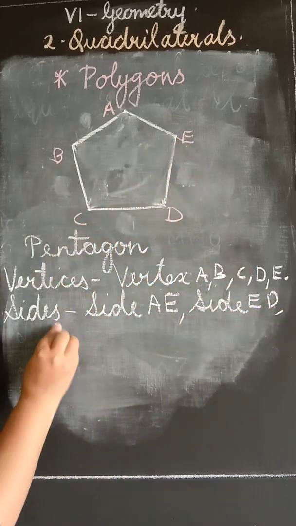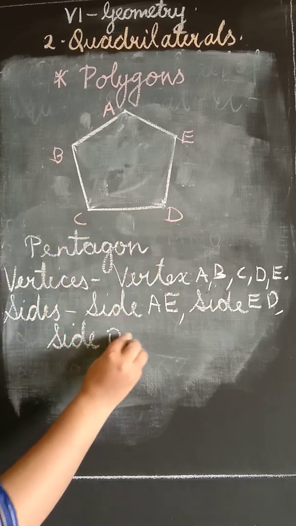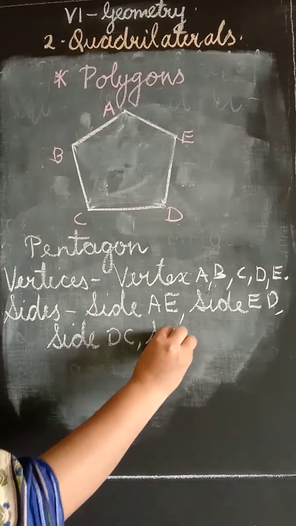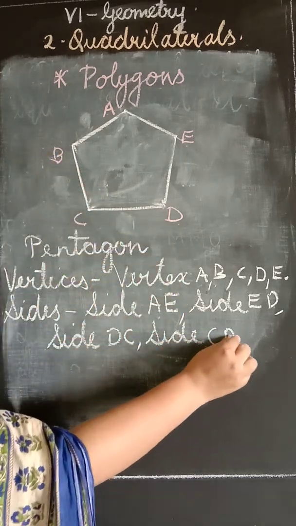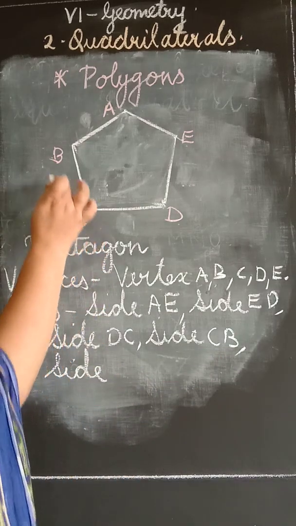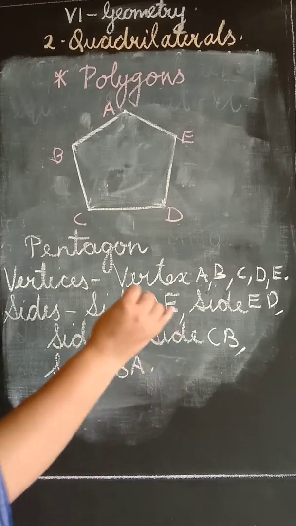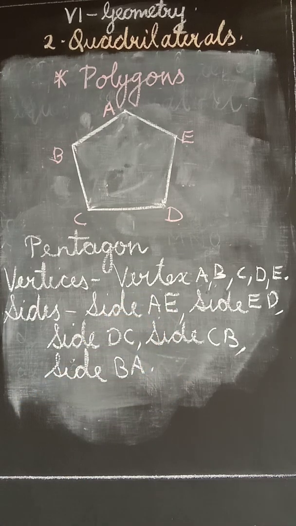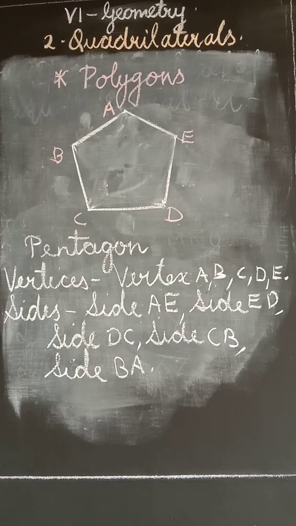Next, side DC. Next side of which? Correct, CB. And the last side BA. Did we reach near A again? So stop. We have got all the sides. How many sides? 1, 2, 3, 4 and 5. So these are the 5 sides of the pentagon.